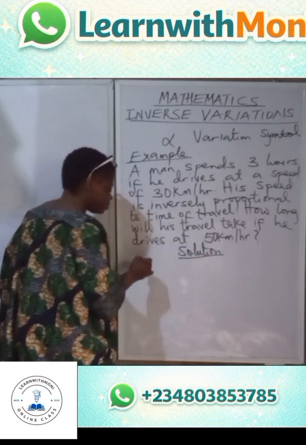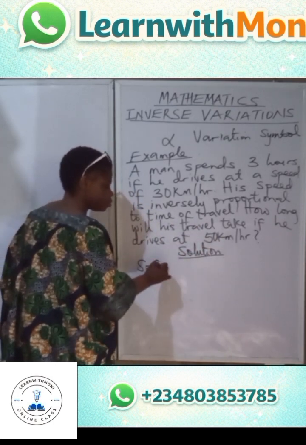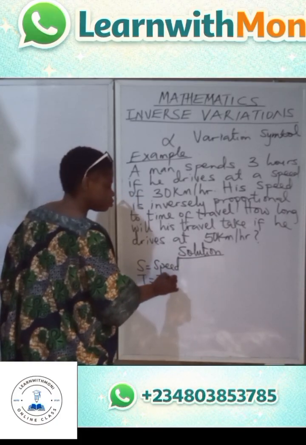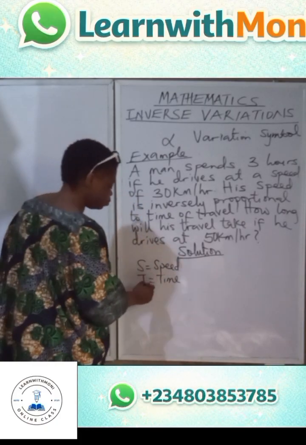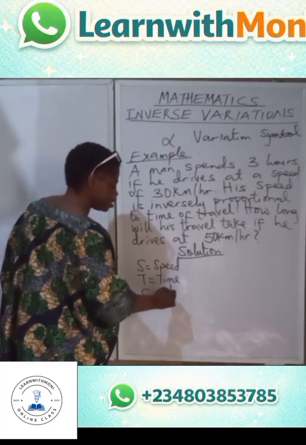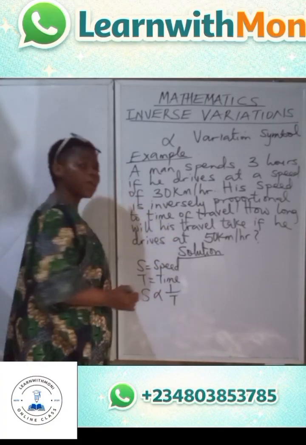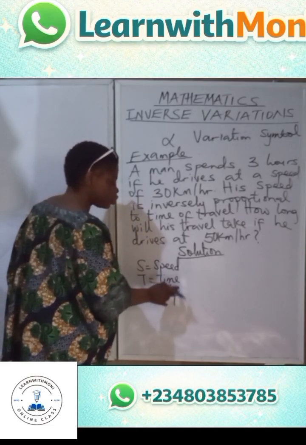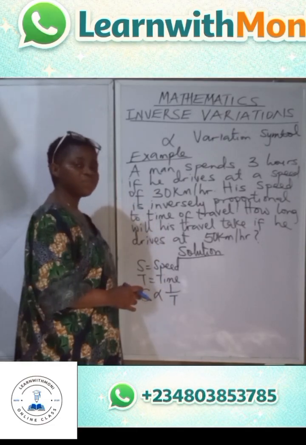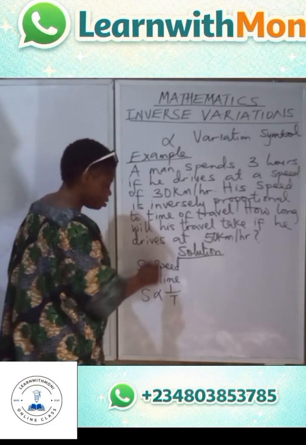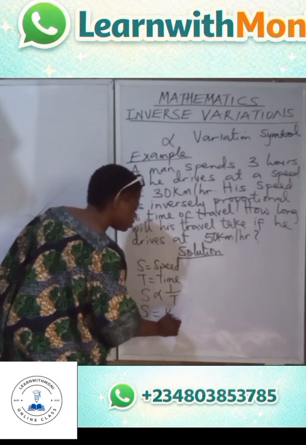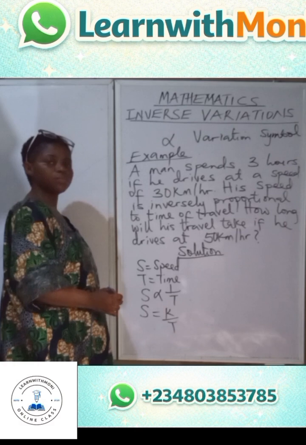I want to use S as speed and T as time of travel. We are told that his speed is inversely proportional to the time of travel. S inversely proportional or varies inversely as T means that S equals K over T.